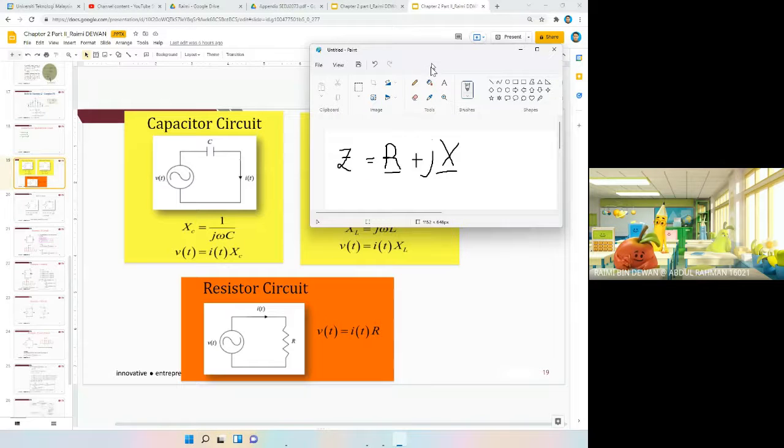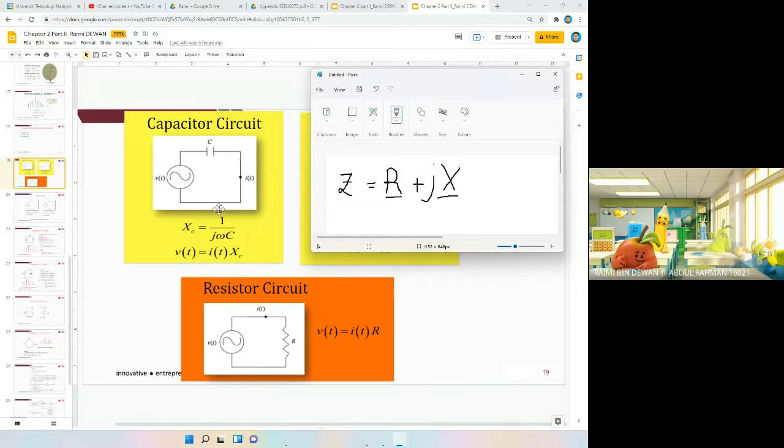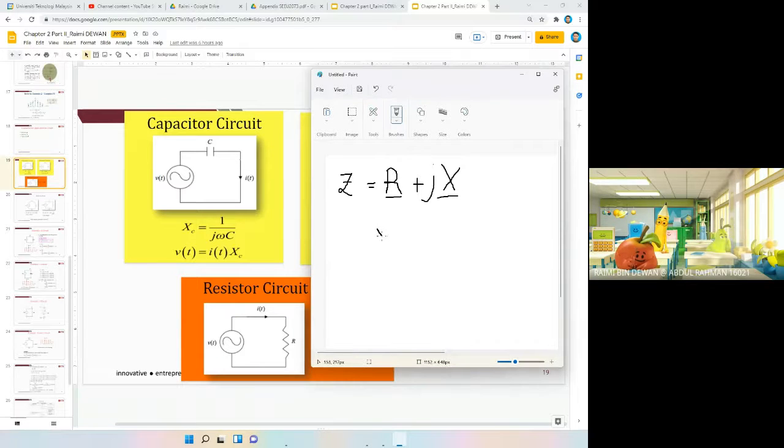For the capacitors, Xc is 1 over j omega c, am I correct? And if you want to bring this j upward, it will be negative j.